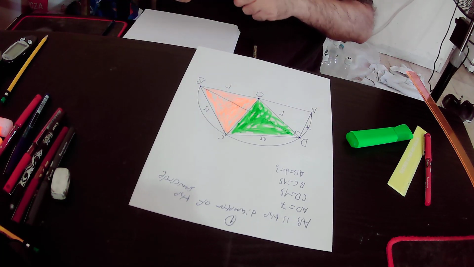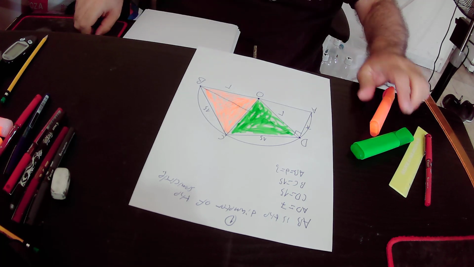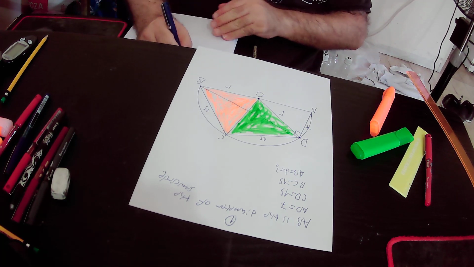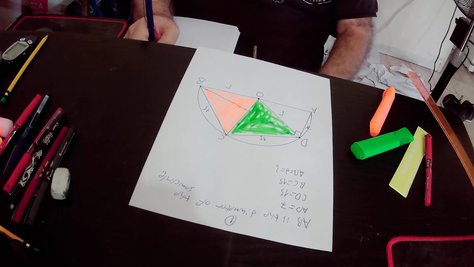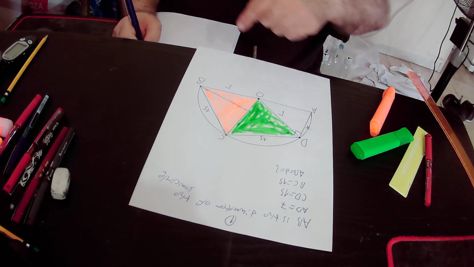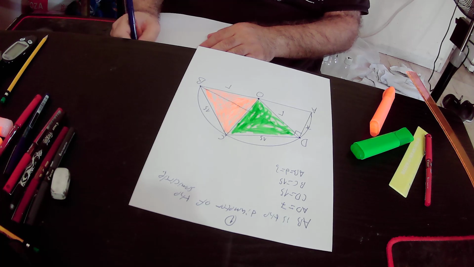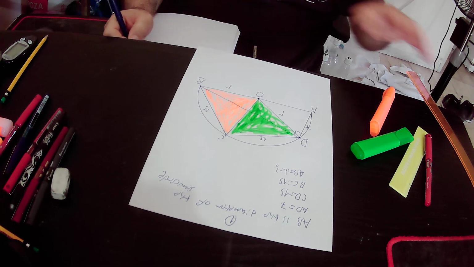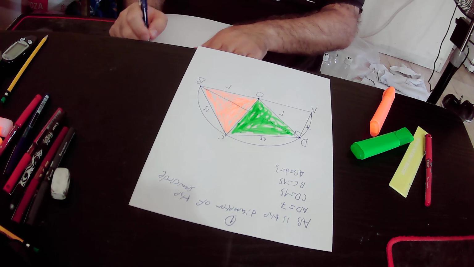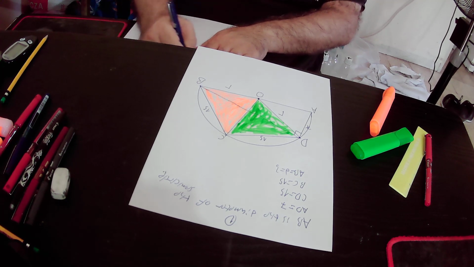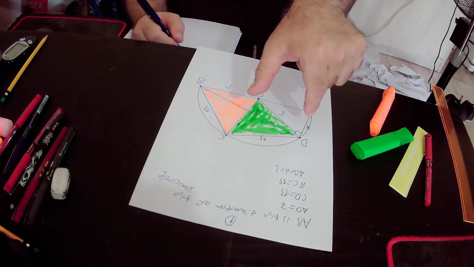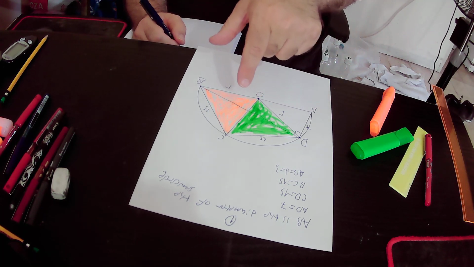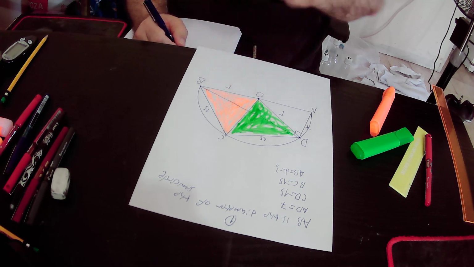Okay, so in triangles OCD, the green triangle, and triangle OCB, the orange triangle, side DC of the green triangle equals side CB of the orange triangle.